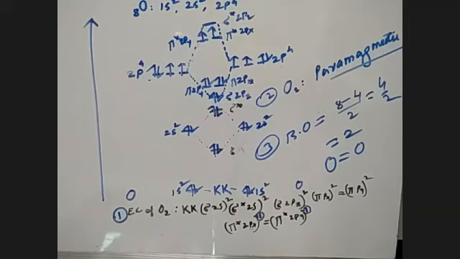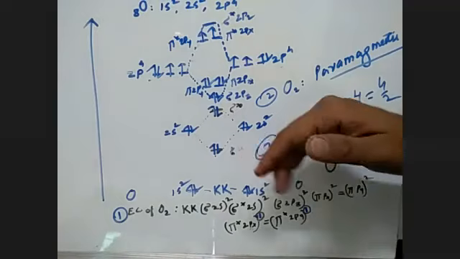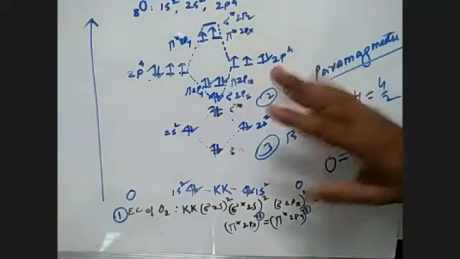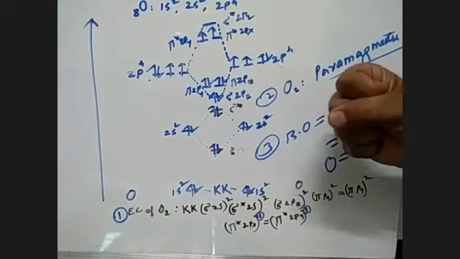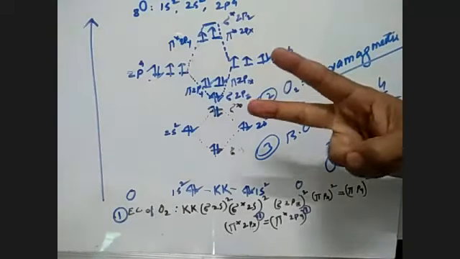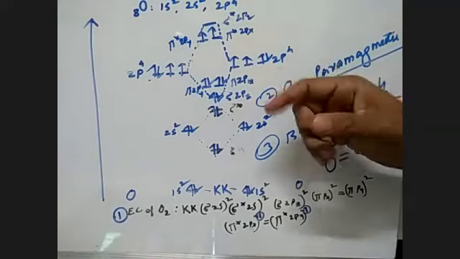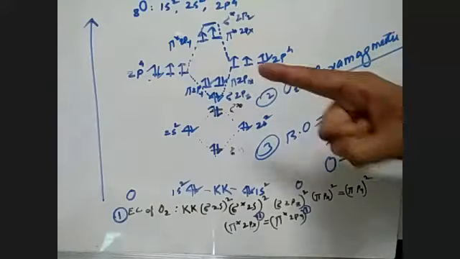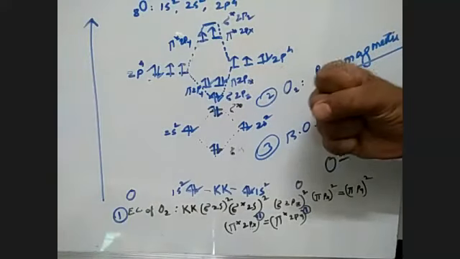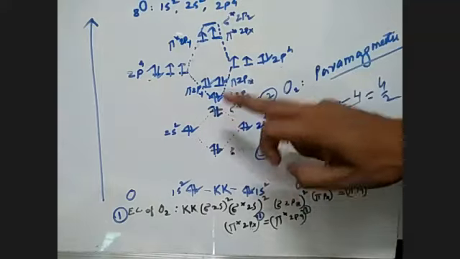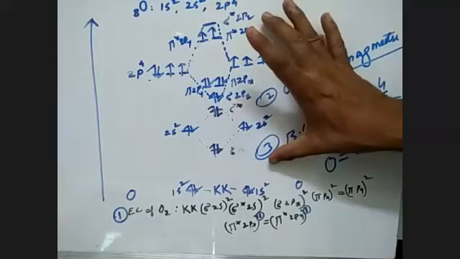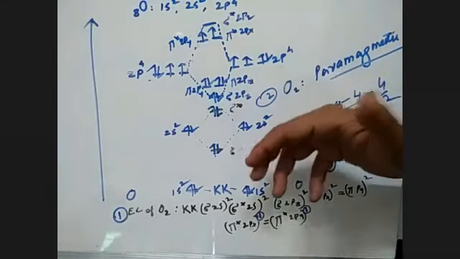You should remember how these energy levels fill and how the atomic orbitals form the molecular orbitals. Most important point is that the capacity of one molecular orbital is 2 electrons. Next point, from the molecular orbital diagram, what do we learn?